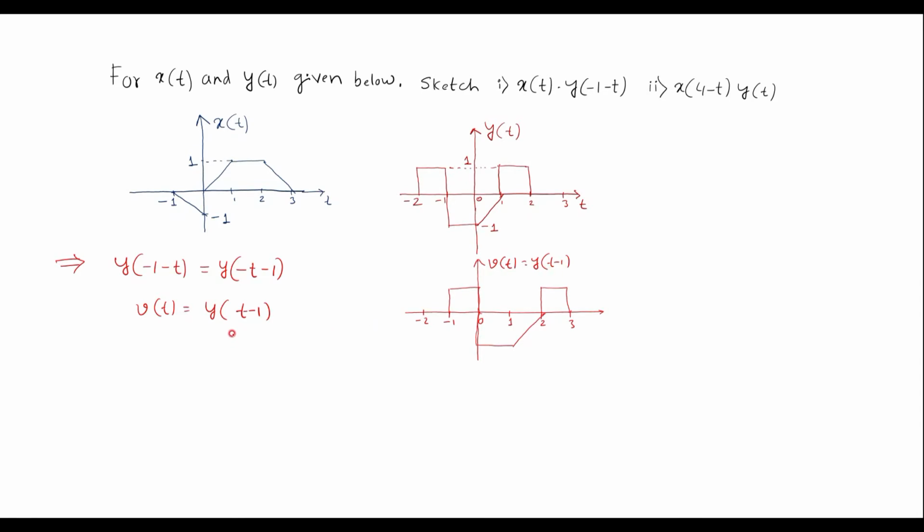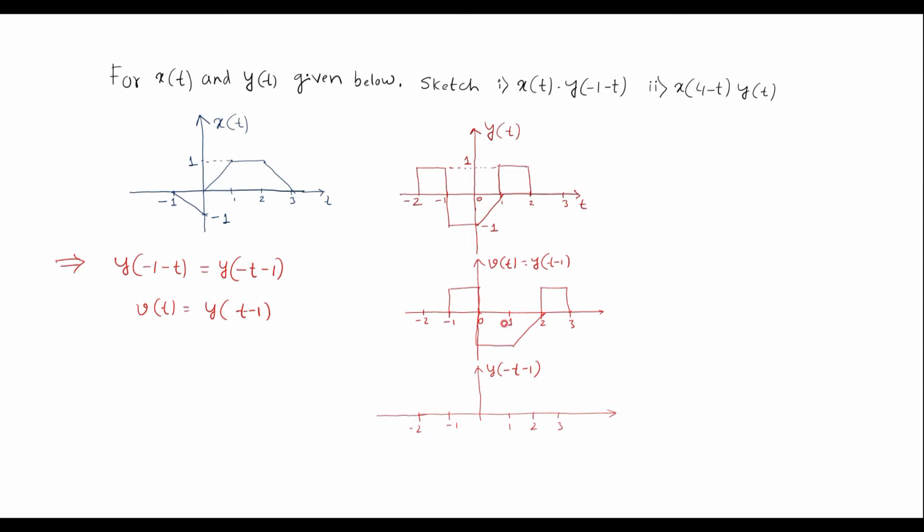Now we'll try to draw y of minus t minus 1. That is reflection of v of t is nothing but y of minus t minus 1. I'll draw here. So this is y of minus t minus 1, that is reflection of v of t.